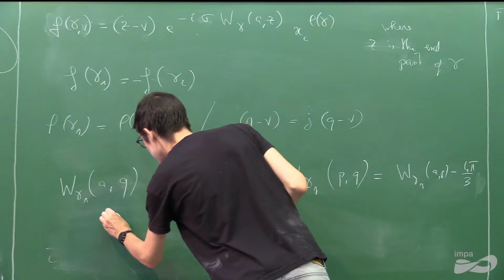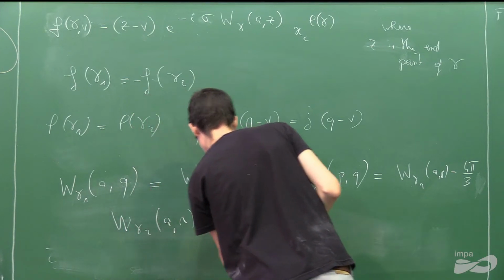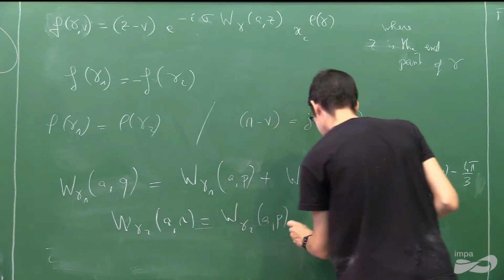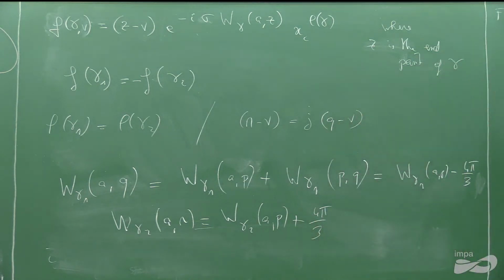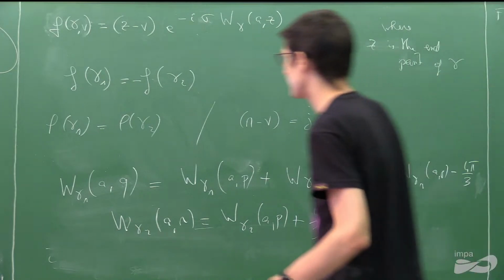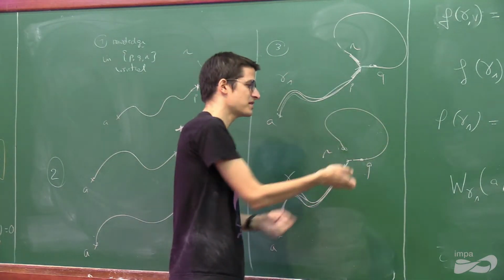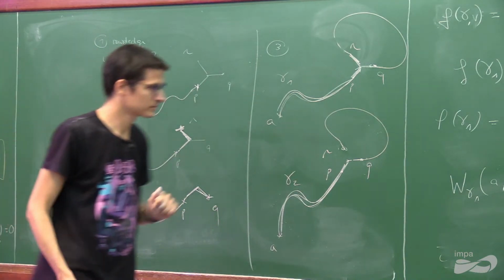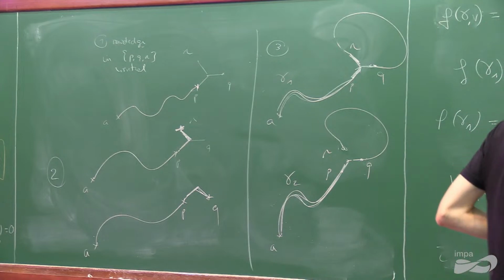For the same reason, W gamma 2 AR is equal to W gamma 2 AP plus 4 pi over 3. The reason is that to go from P to R, now you are rotating in the positive sense by 4 pi over 3.